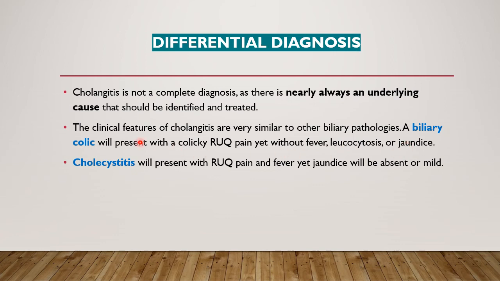But in septic cholecystitis, these features may accompany, but the jaundice may not be that severe. Cholecystitis will present with right hypochondrial pain and fever, yet the jaundice may be absent or only mildly present, only at a mild degree.